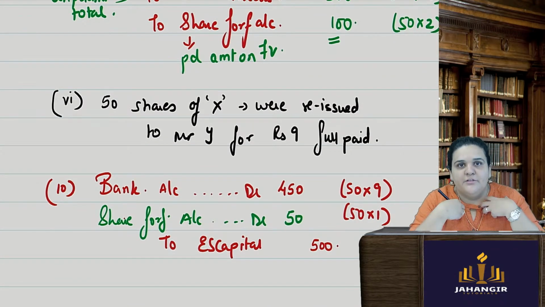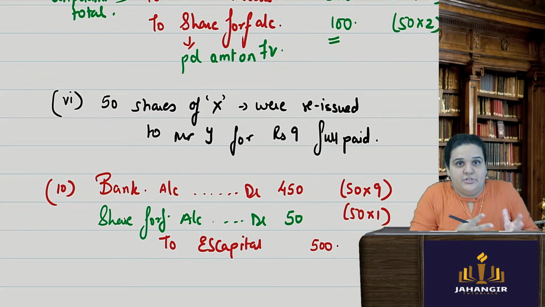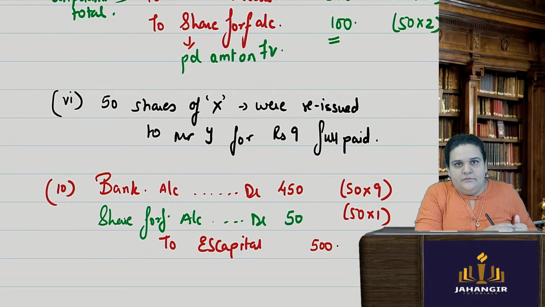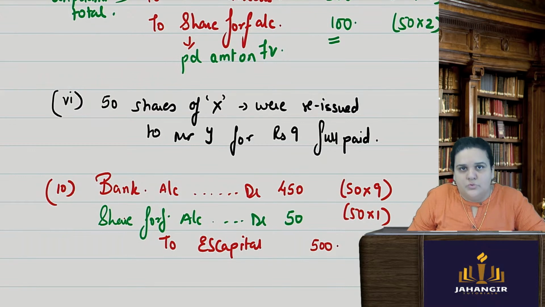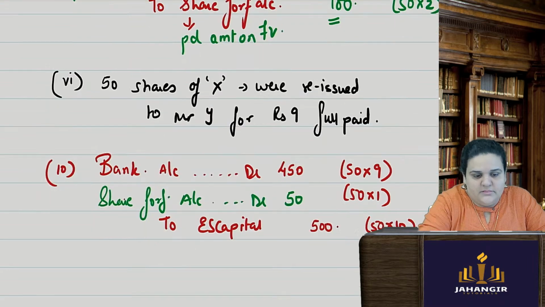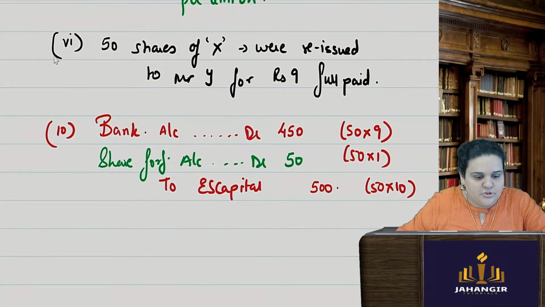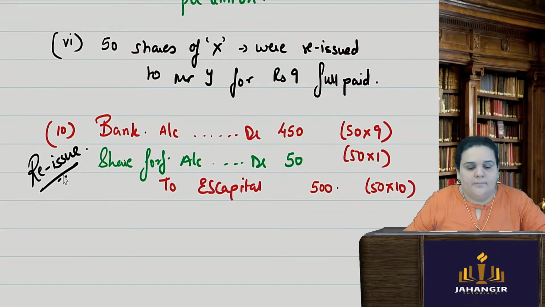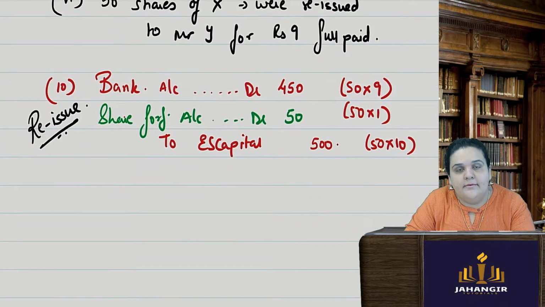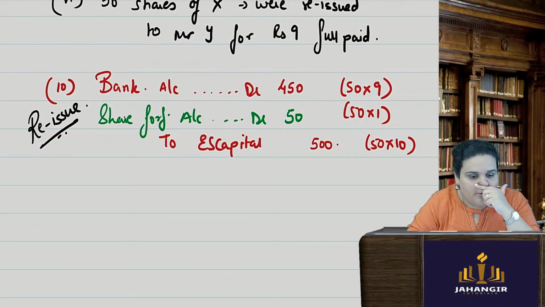I am having share forfeiture as an amount which I am not going to refund back to Mr. X. So let me use the share forfeiture account to write off the discount on the reissue. This is a reissue journal entry. So this reissue I am going to write to share forfeiture account.